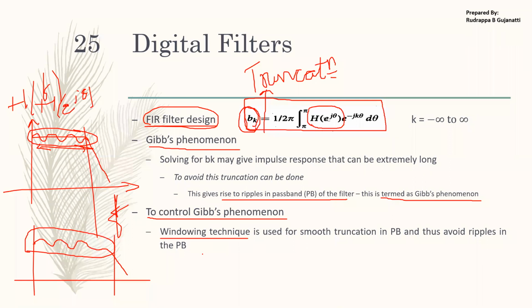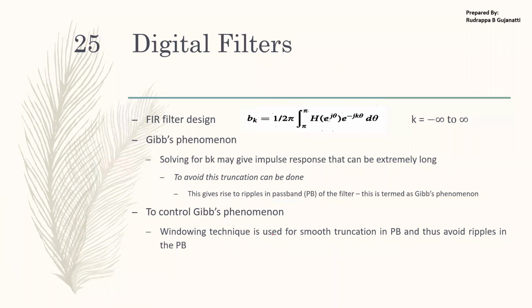You might have gone through a few of the windows used for designing FIR and IIR filters in the digital signal processing subject. So windows are basically used for controlling or overcoming the problem of Gibbs phenomenon.